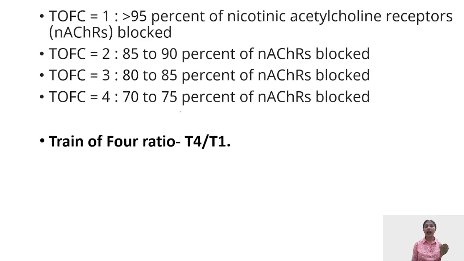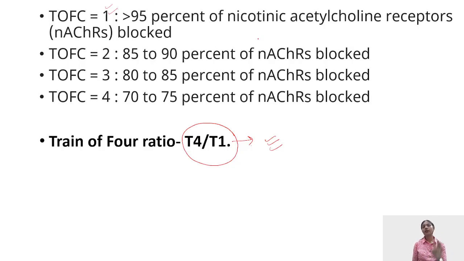But what we monitor most of the time is T4 by T1, and sometimes we monitor the train of 4 count. This is the train of 4.